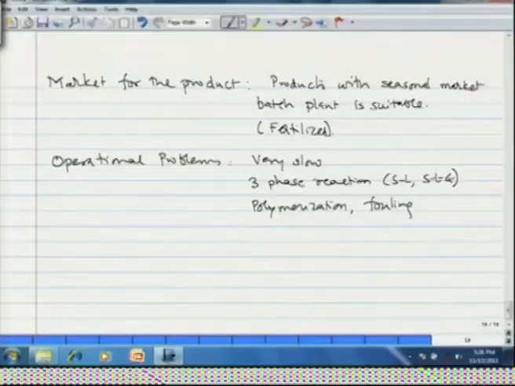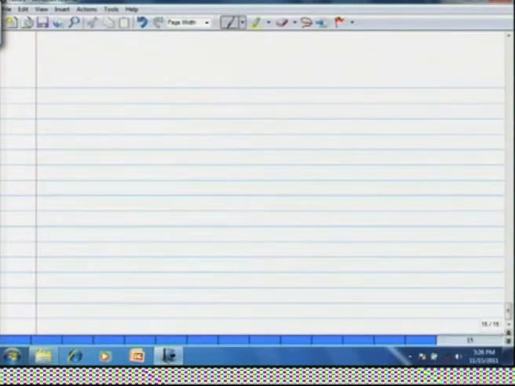Finally, the batch process offers flexibility of carrying out multiple reactions or multiple processes in a single vessel.